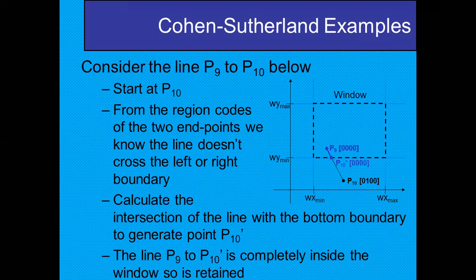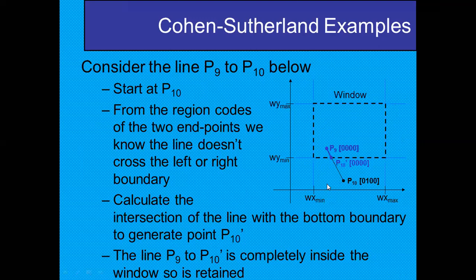Now here consider the line P9 and P10. First you will draw the x-axis and y-axis, and with the help of the 4 parameters, draw the window I told you earlier. First you draw the window, and after that this line segment is given, P9 to P10.